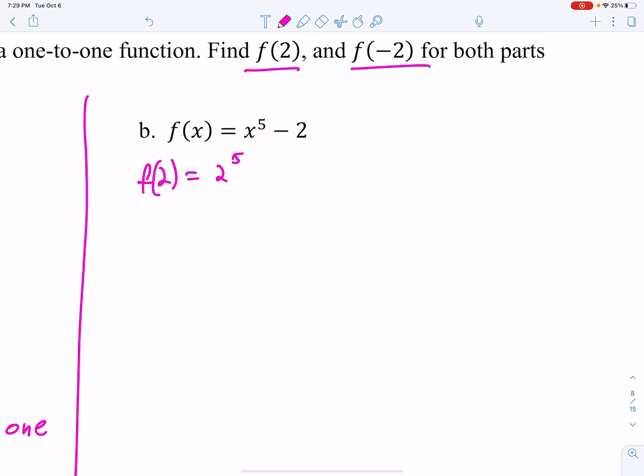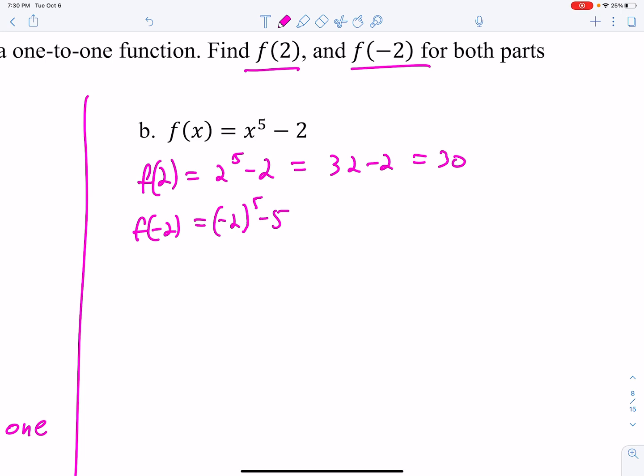So it's 2 to the 5th minus 2. So 2 to the 5th is 32 minus 2, which is 30. Okay, and then we'll find f of negative 2. So careful, this is negative 2 to the 5th minus 2.